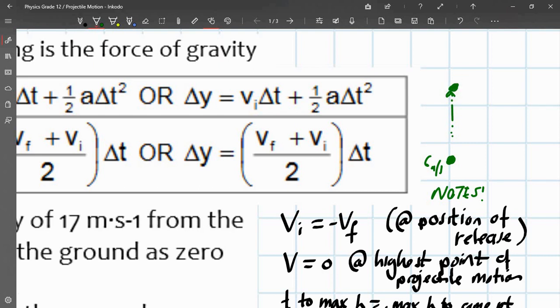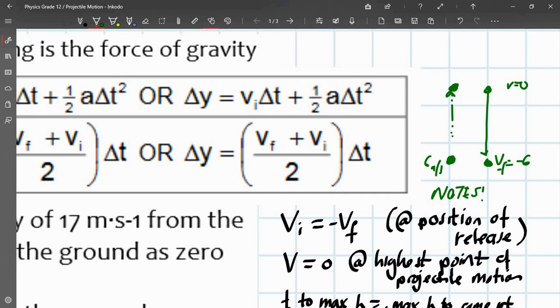At the top of the projectile motion, velocity will be equal to 0, so the ball is stationary, and it will come down again to this position here. The final velocity here will be equal to minus the initial velocity. So from wherever it's thrown, if it was thrown from the ground, the final velocity will be negative whatever the initial velocity was. Then again, at the highest point of the projectile motion, velocity equals 0.